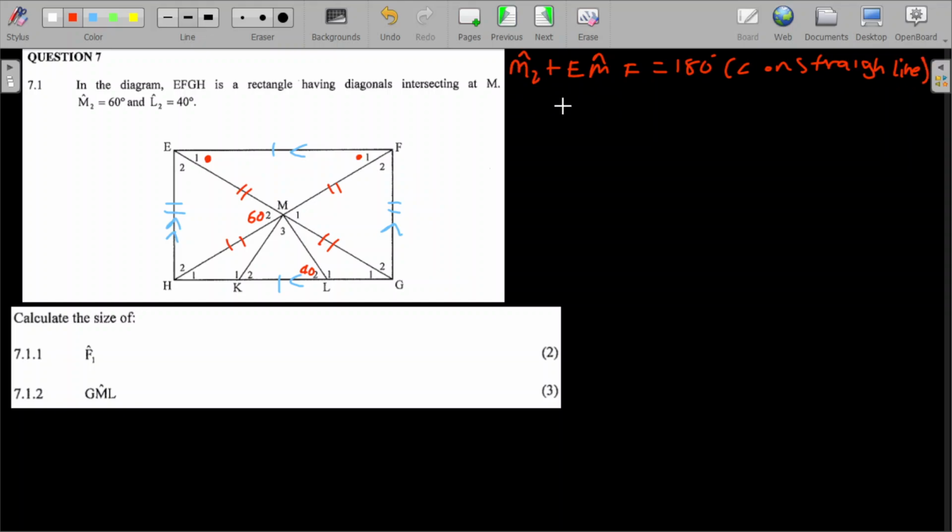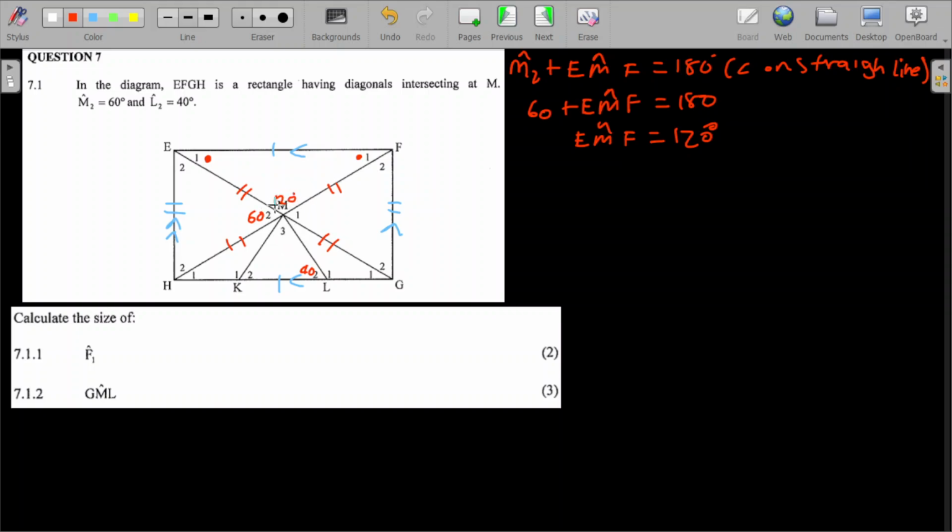So we know M2 is 60, plus angle EMF is equal to 180. Taking 60 to that side, EMF is going to be 180 minus 60, which gives me 120. So this angle here is 120 degrees.